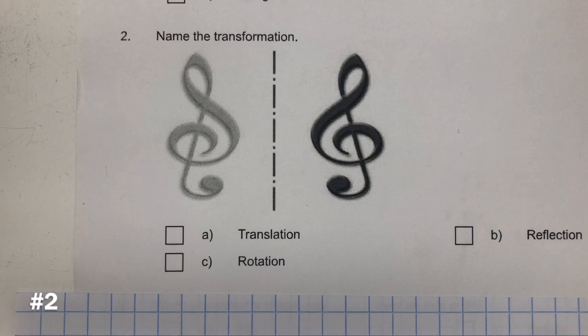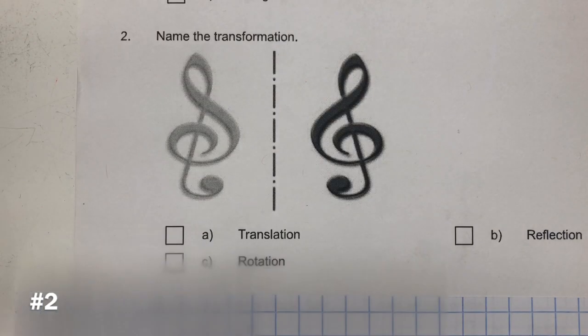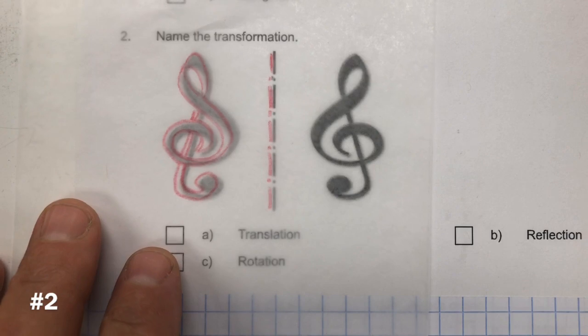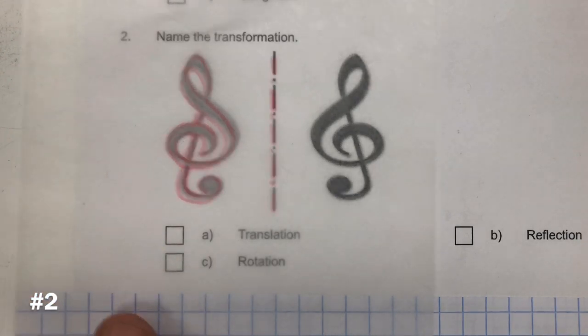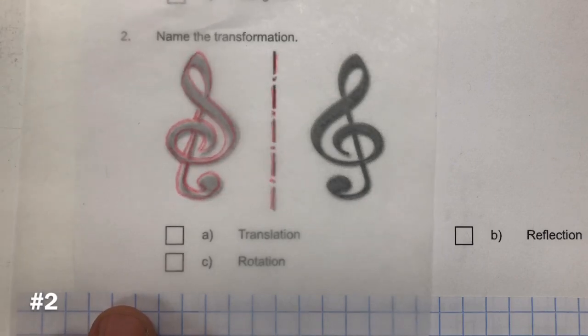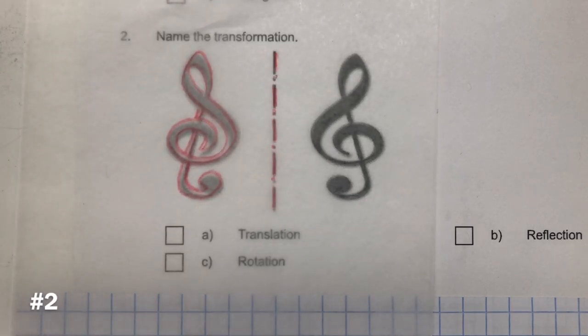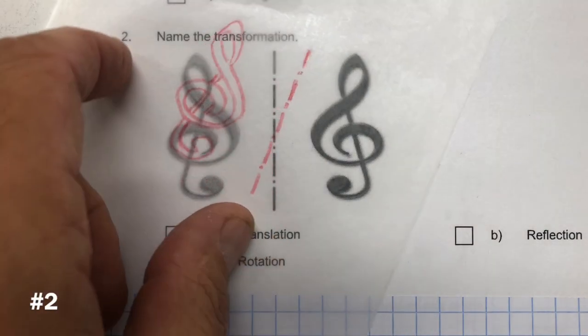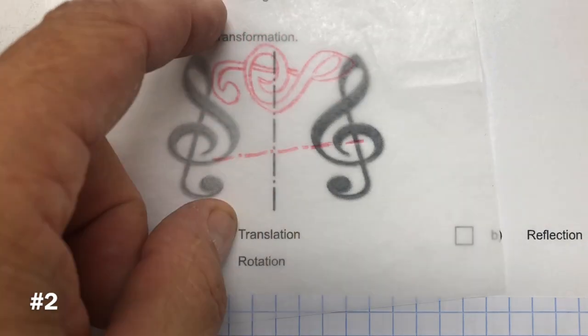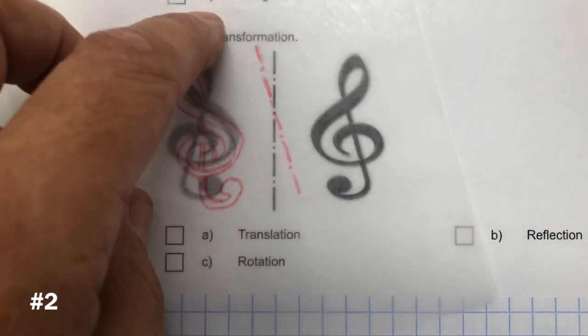Well, I'm going to use patty paper to demonstrate. So we have translations, rotations, and reflections. First, I'll show a rotation. A rotation actually turns clockwise or counterclockwise.